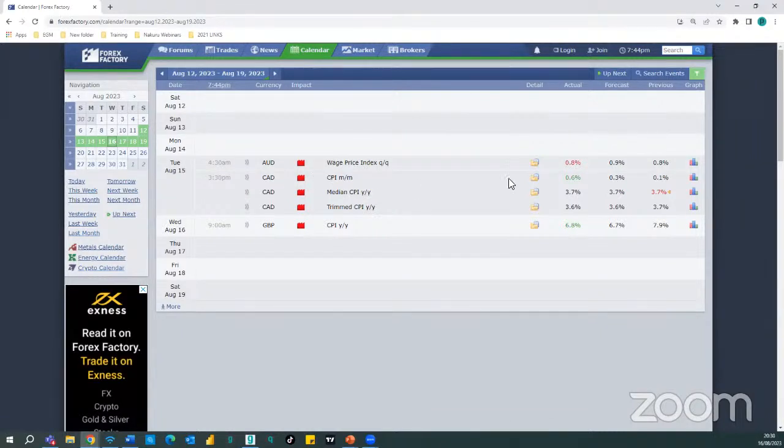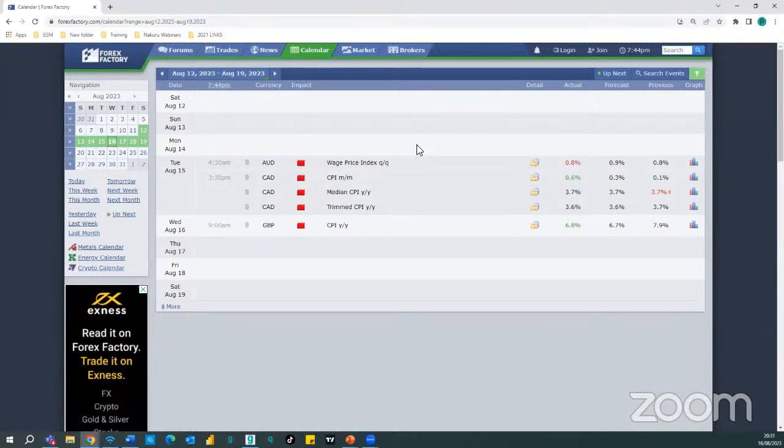So look at the CPI, Consumer Price Index. If it's a higher reading, it's directly interpreted as positive for that currency. But if you look at it in terms of the interest rates, then the traders will start to expect a further rise in rates to try and cap their inflation.